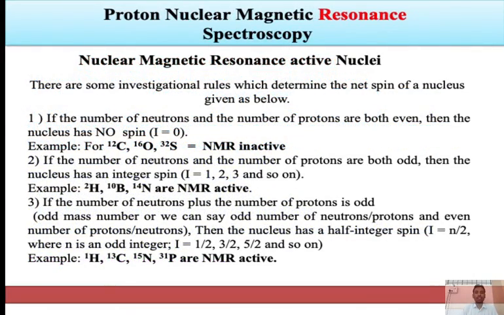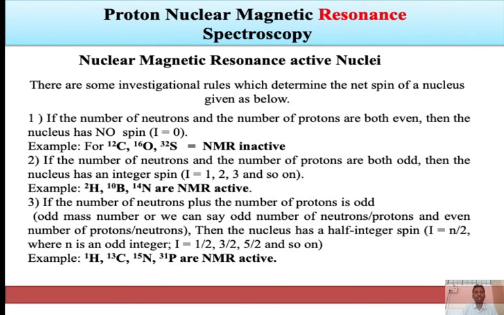Then the basic parts of proton nuclear magnetic resonance spectroscopy. Which nuclei will be NMR active and which will be NMR inactive? There are 3 rules, and with their help we can easily understand which nuclei are active and which are inactive.